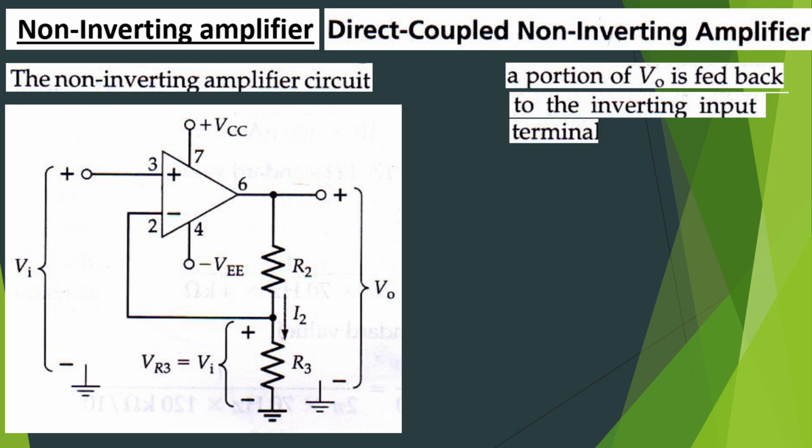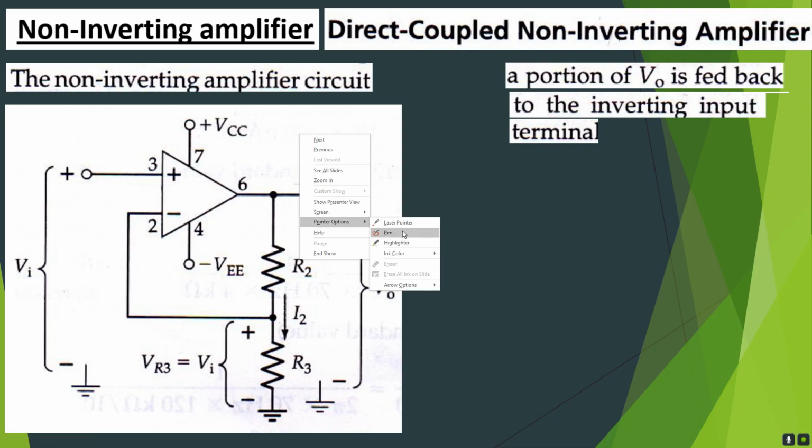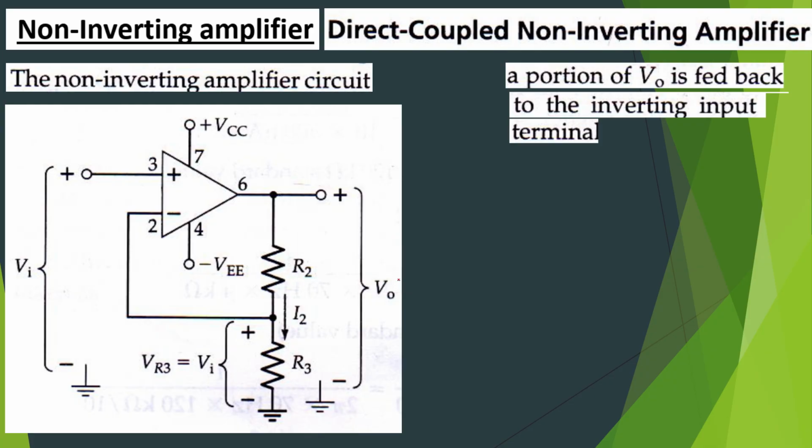Here a portion of V0, the output voltage, is fed back to the inverting input terminal. This is V0, and this VR3 is the portion of V0 fed back to the inverting input terminal.